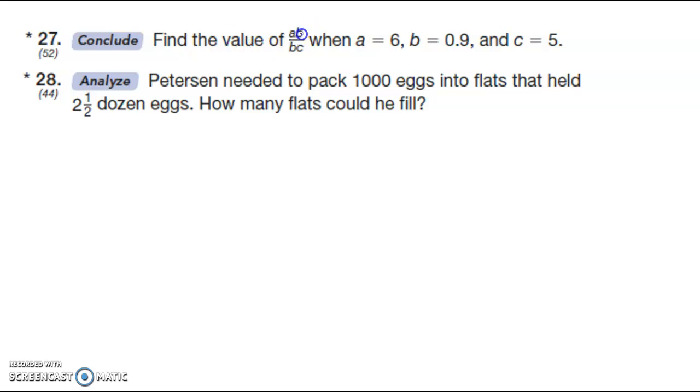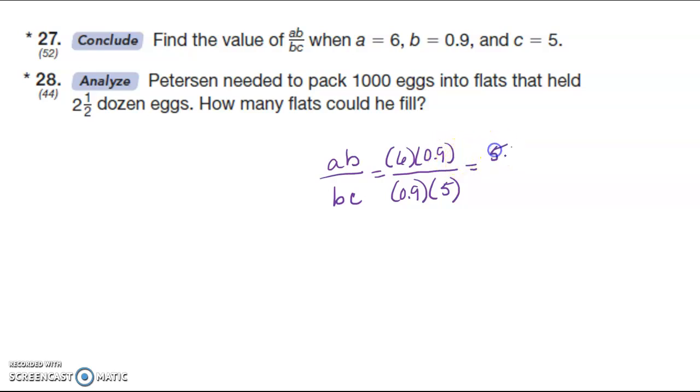Find the value of A times B divided by B times C if A is 6, B is 0.9, and C is 5. Okay, so AB over BC. A is 6, B is 0.9, so I'm just plugging in what we have, divided by B is 0.9, and C is 5. Okay, so what's 6 times 0.9?